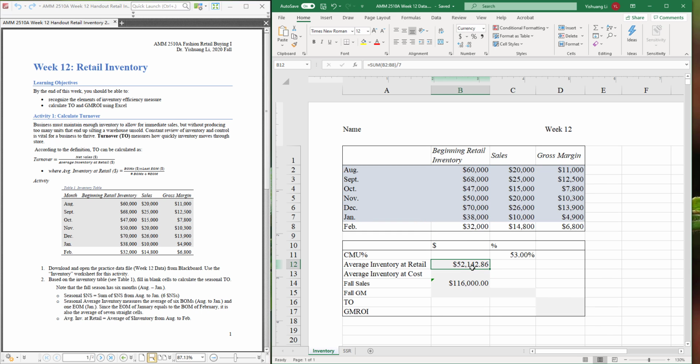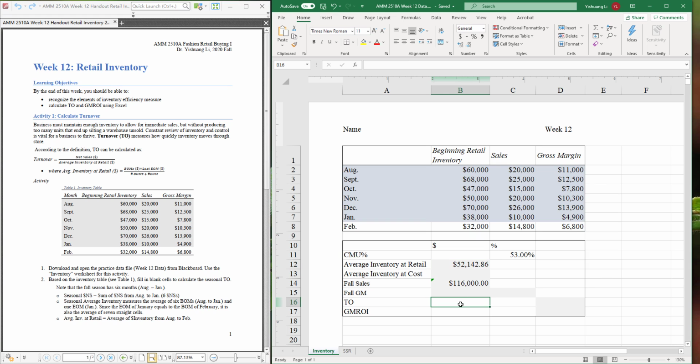This is the first way, and we can do it in the second way. We can also use the average formula to calculate the average of the 7 cells. You may notice that the results are the same.